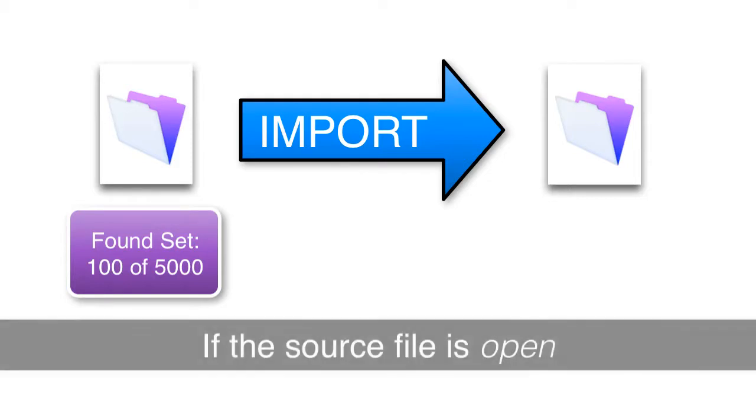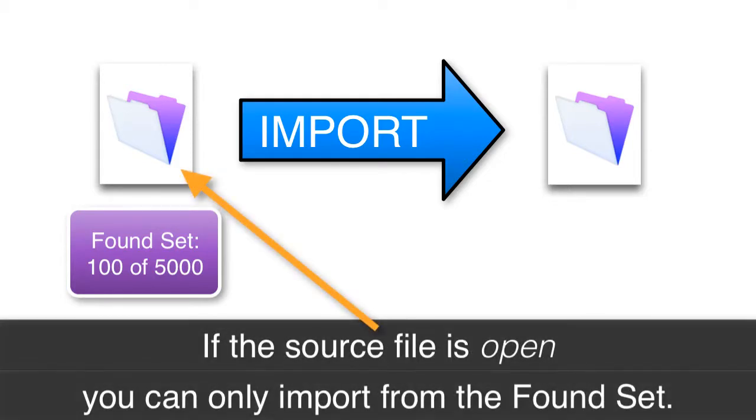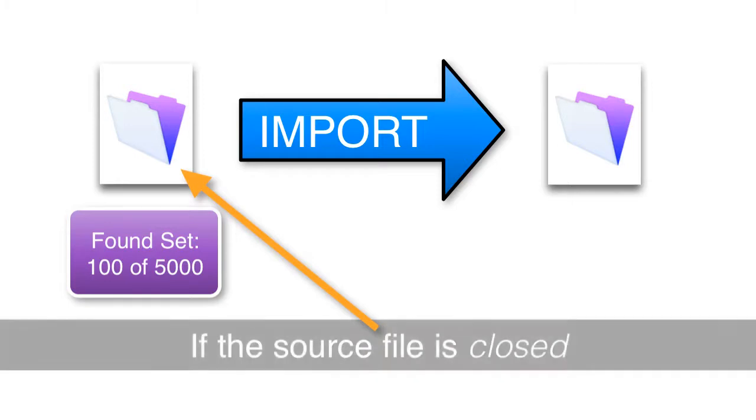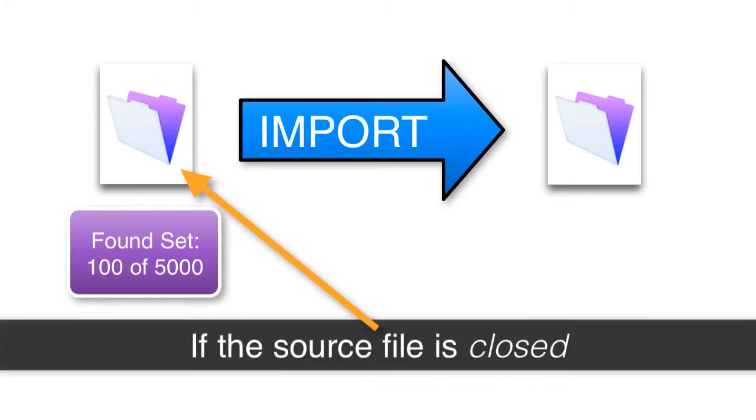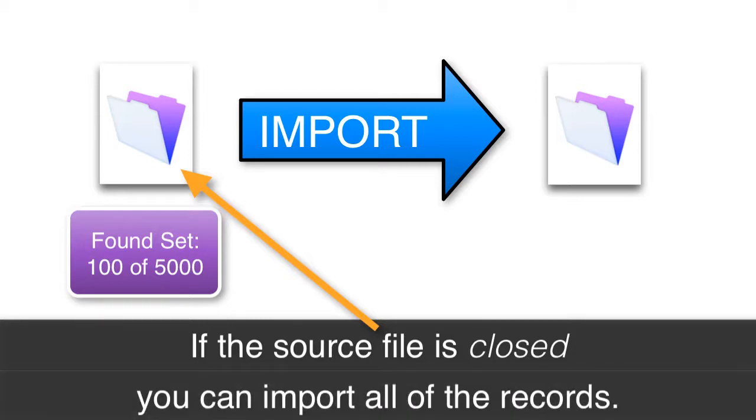If you actually have that source file open and it has a found set, FileMaker will actually only allow you to import out of that found set if the file is open. Now, if it had a found set and you closed it and you reopen it, that found set could still be there. But if the file is closed, FileMaker will ignore that found set and will allow you to get all the records, all say 5,000 records.